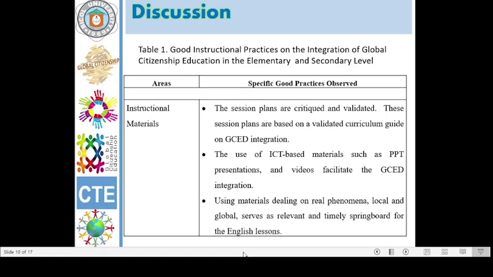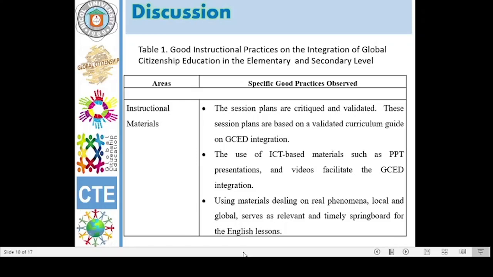For the results and discussion, Table 1 shows the good instructional practices in global citizenship education in elementary and secondary levels, showing 4 areas which influence the teaching and learning process and the specific good practices observed in each area.